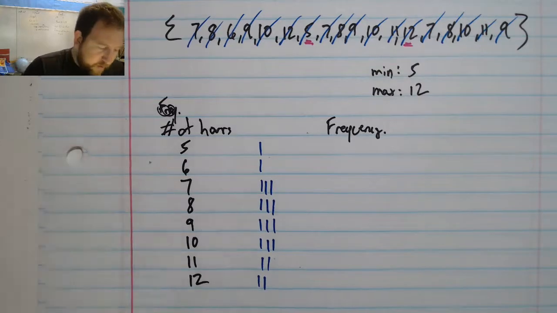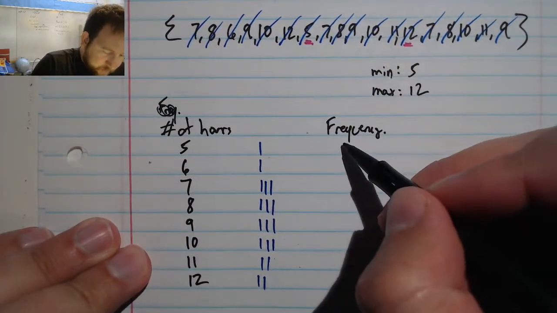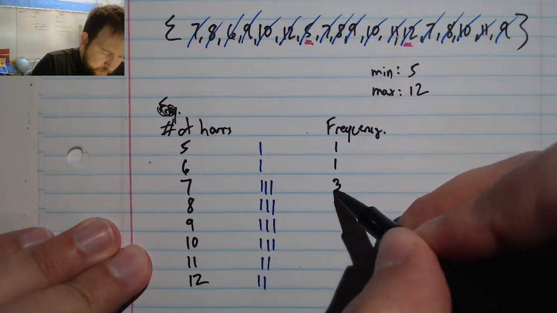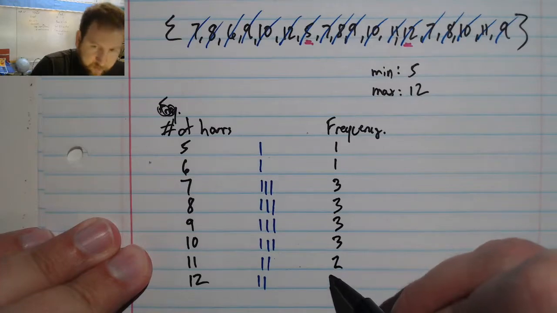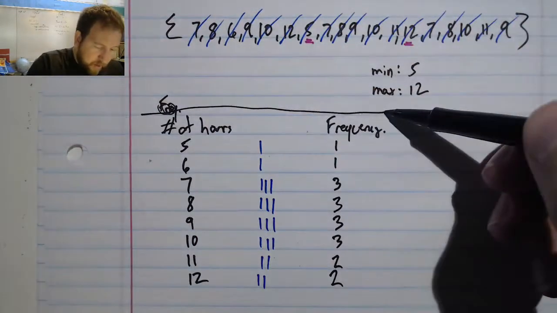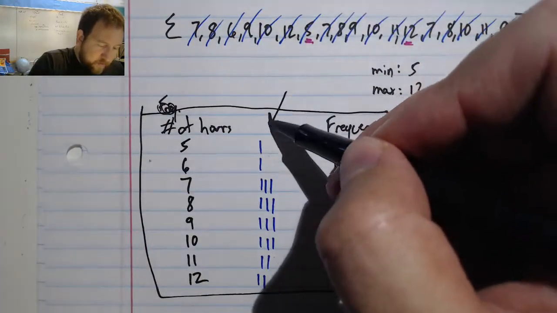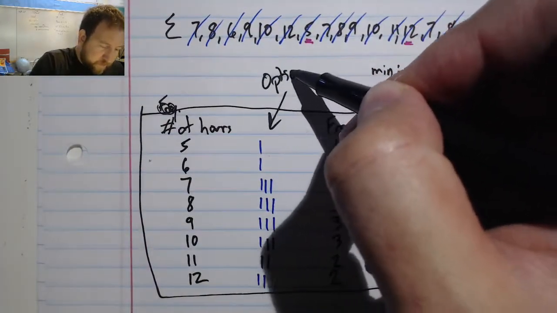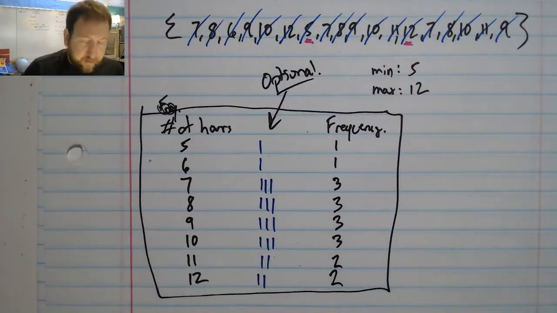Now I can write my frequencies out now that it's much easier for me to count my tallies. 1, 1, 3, 3, 3, 3, 2, and 2. And this right here is my frequency chart. Now this part, of course, is optional, but I like to do it just because it makes things a little bit simpler for me to do. Now, this is pretty much all that you're going to be doing in this section.